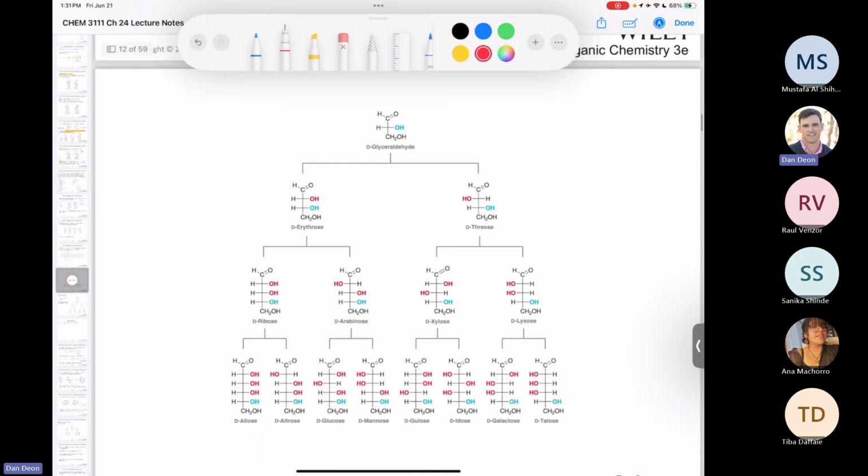Now this will be provided for you on the handout for the quiz, so you don't have to memorize the structure of D-glucose. But it is handy to know it because it comes up so much in the class. You see, we build off of D-glyceraldehyde, and then we keep going to aldotetroses, aldopentoses, to the aldohexoses.